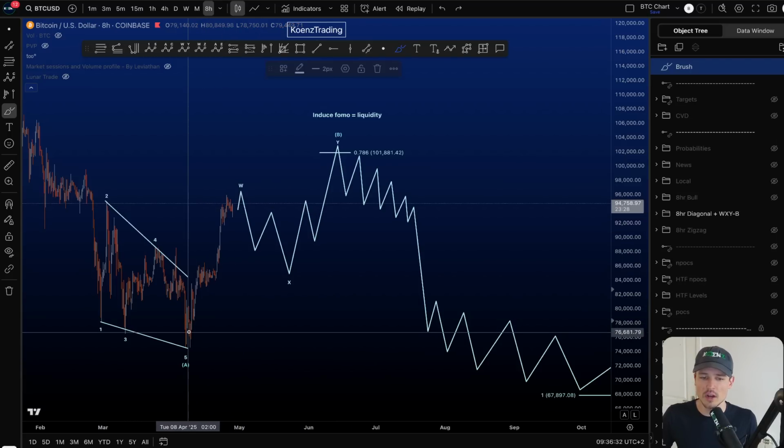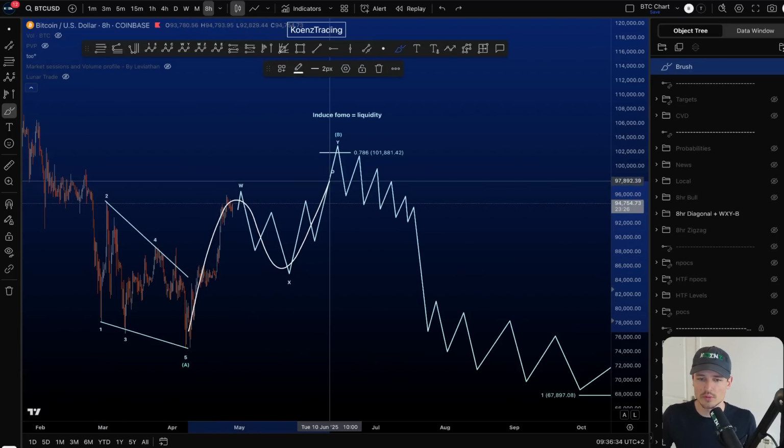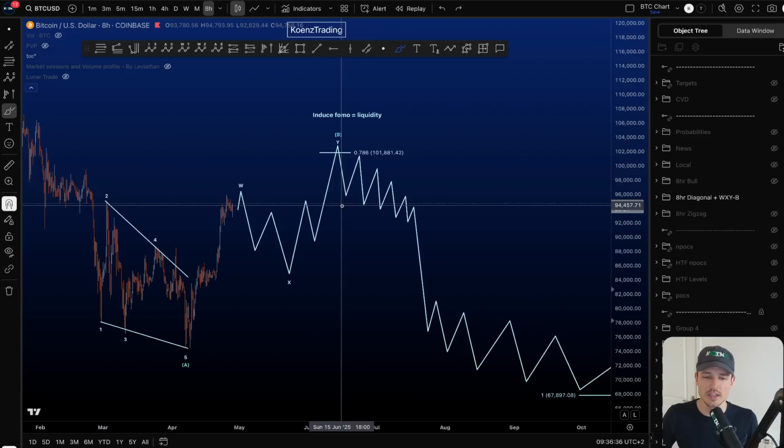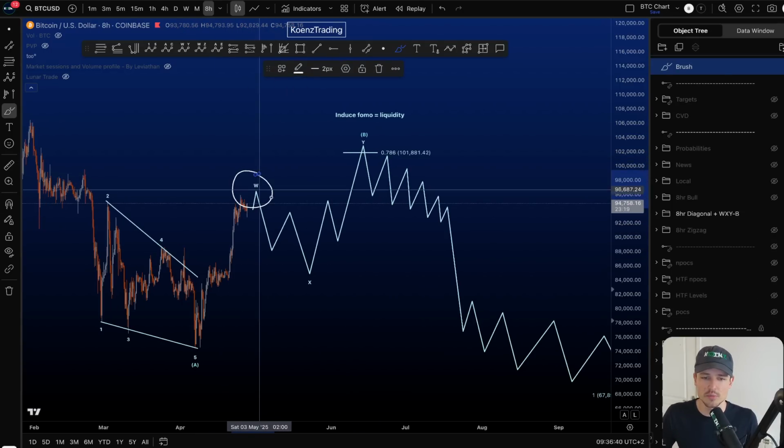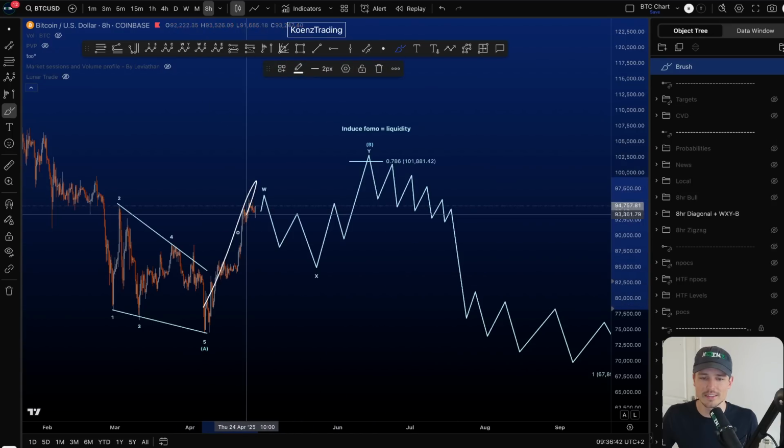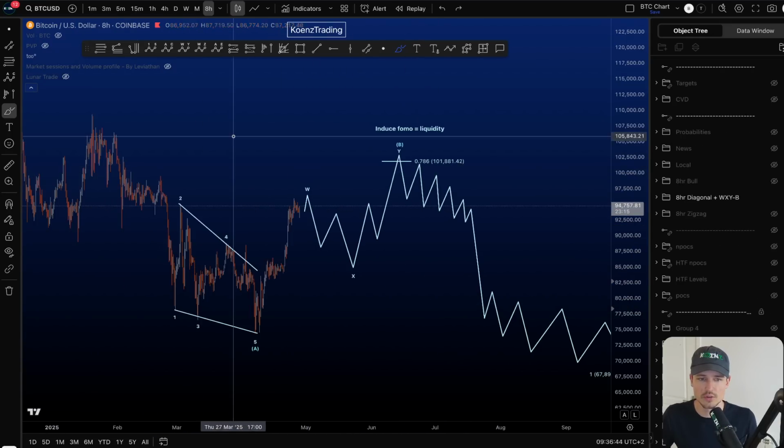Now, the reason why, preferably in a bearish scenario, I would still look for higher prices in a wave Y to come after a W is finished is because this wave W is very short in time compared to the move to the downside.